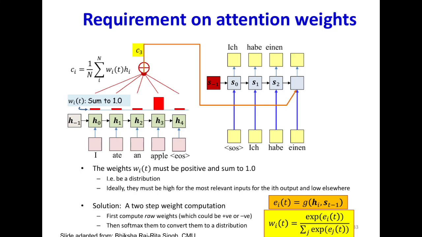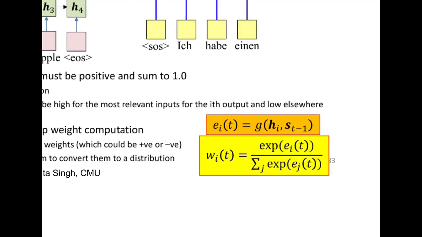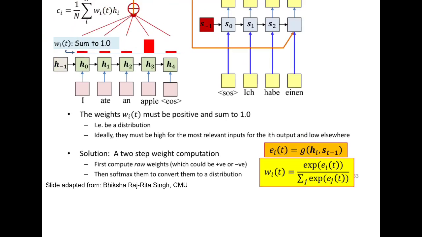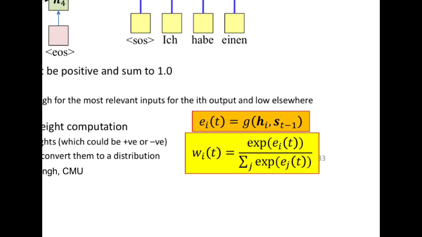You can focus on this formula out here. We do it in a two-step process. EIT is a function G of HI and ST minus 1. It's the same thing as before except that I'm using a different symbol here. And now to make my weights add to 1, it is EXP of EIT divided by the summation over J, which is over the input sentence, the input tokens, of EXP EJT.